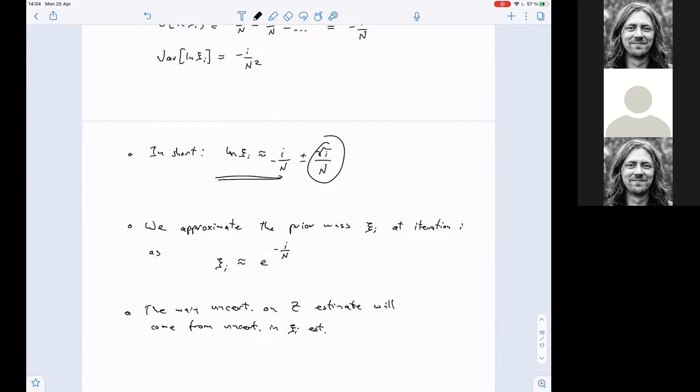So what modern implementations do is that instead of trying to sample from the entire prior at every iteration, they say, I don't know exactly how to sample from this constrained region of parameter space, but I can draw an ellipsoid which contains my current set of live points, and that ellipsoid will roughly correspond to the region of parameter space, and I can draw samples from within that ellipsoid. So that was one of the key steps forward.